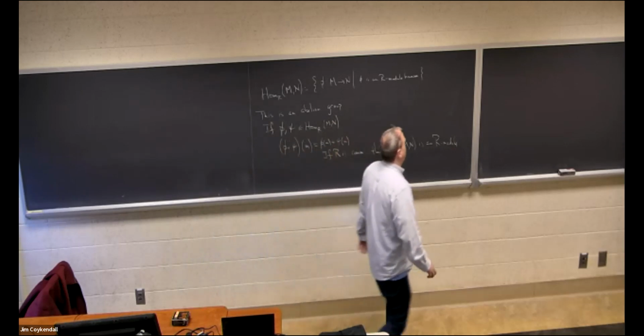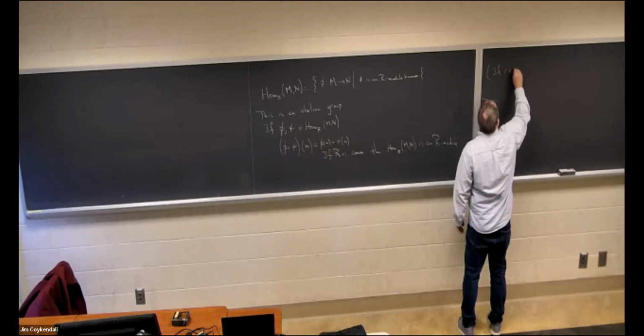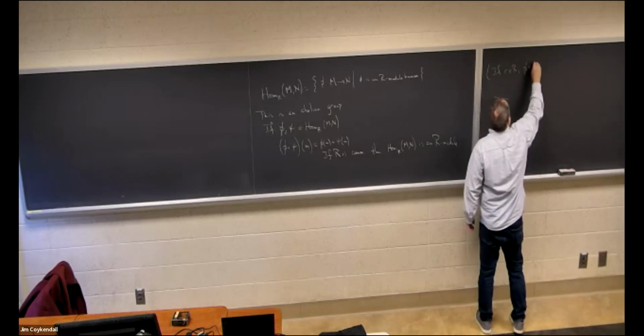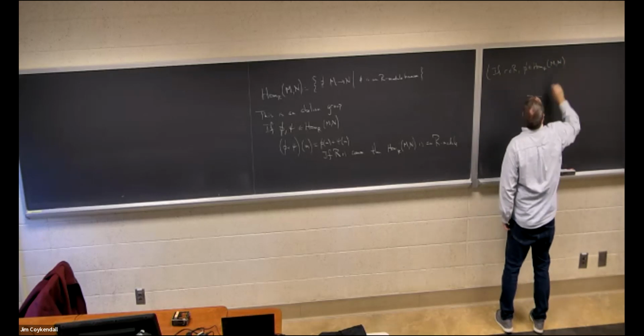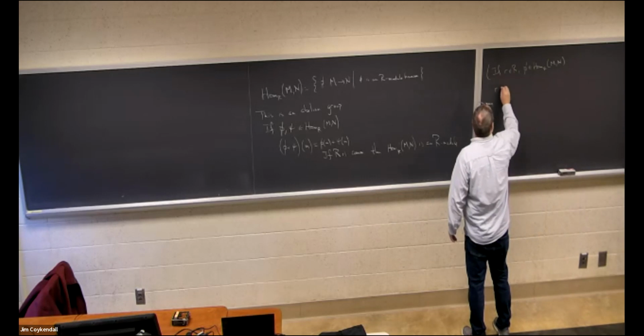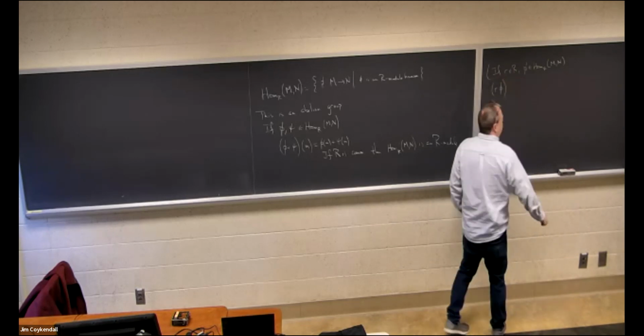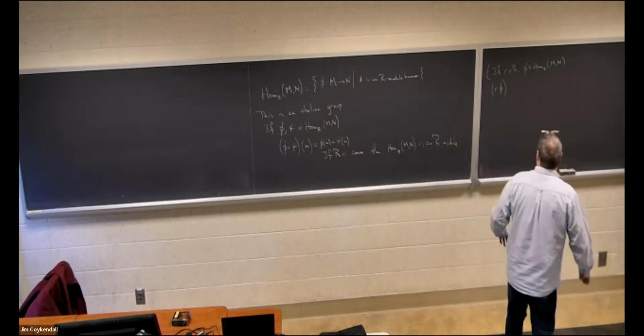How do you do this? Well, if r is in R and φ is a homomorphism, then I need to define rφ. This needs to be a homomorphism from M to N.